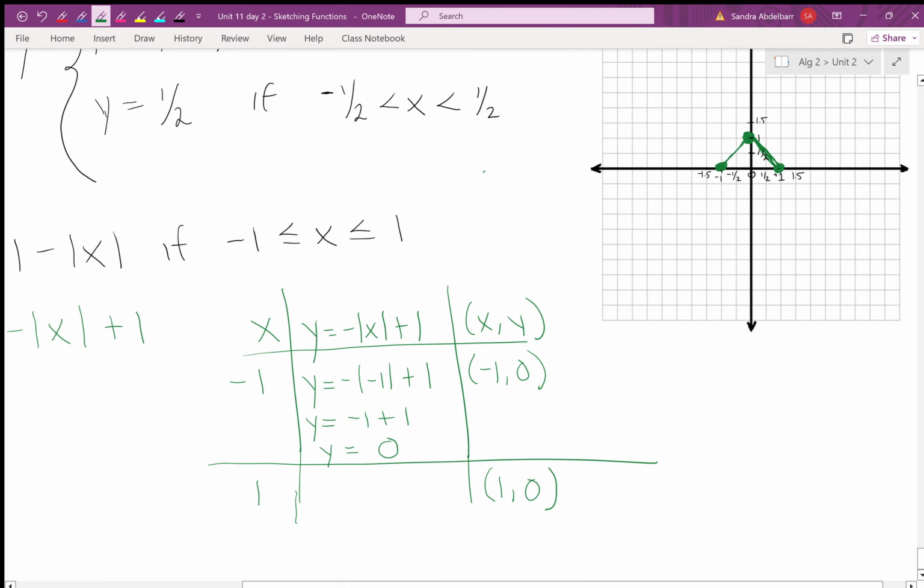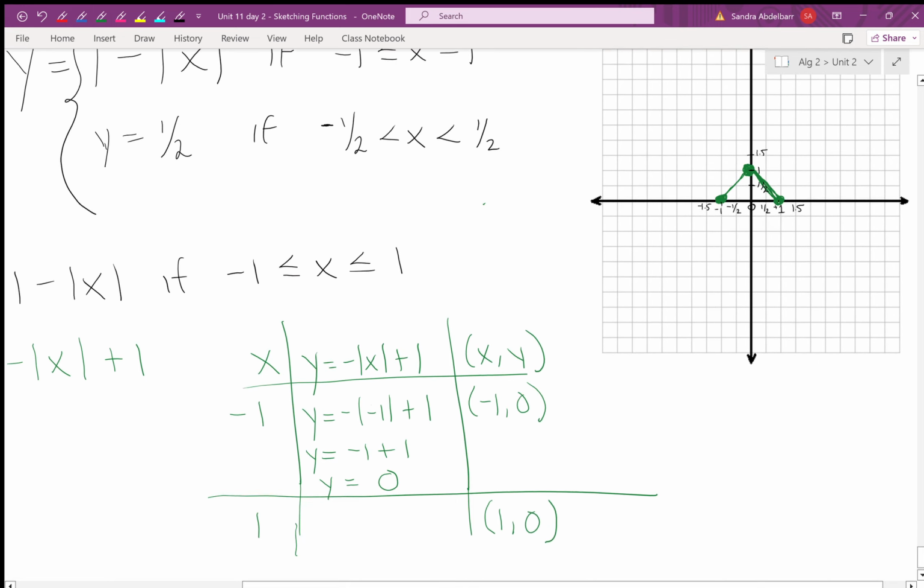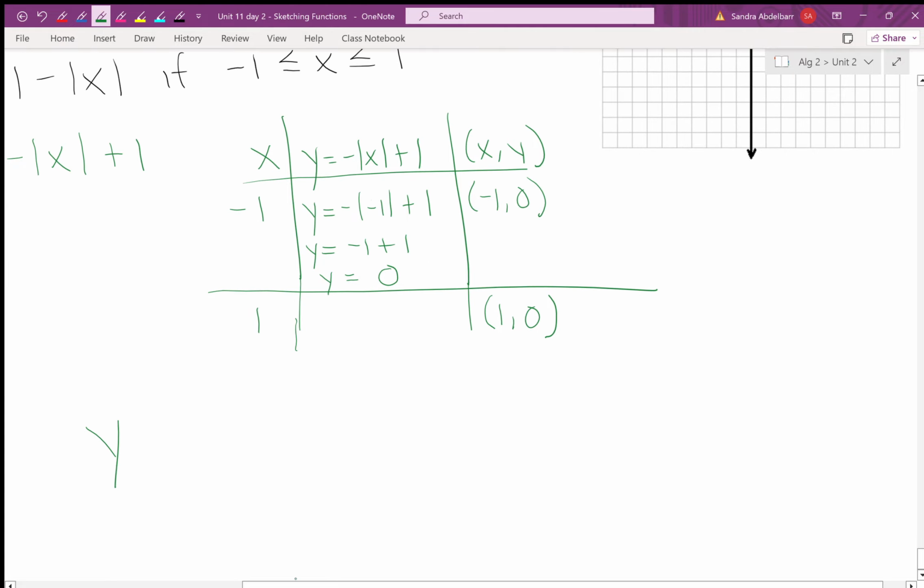All right, so now I have y equals a half if negative a half is less than x, which is less than a half.